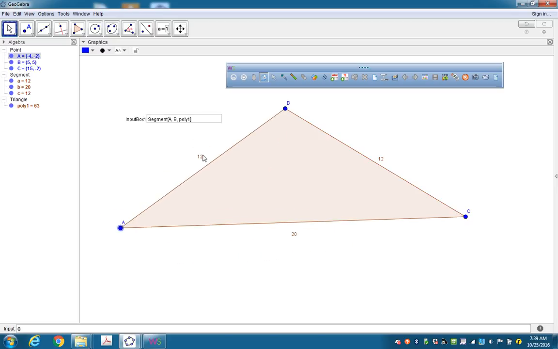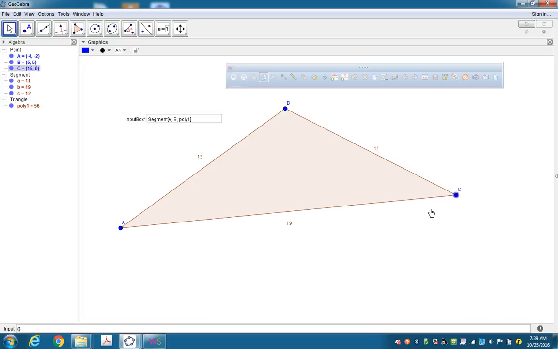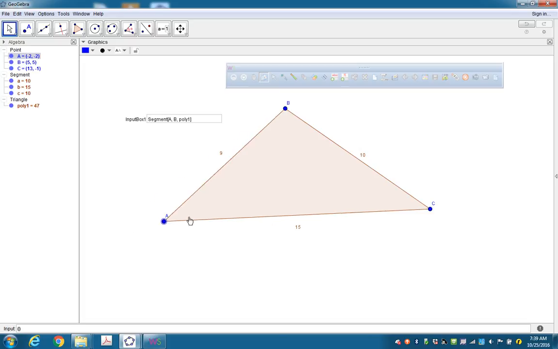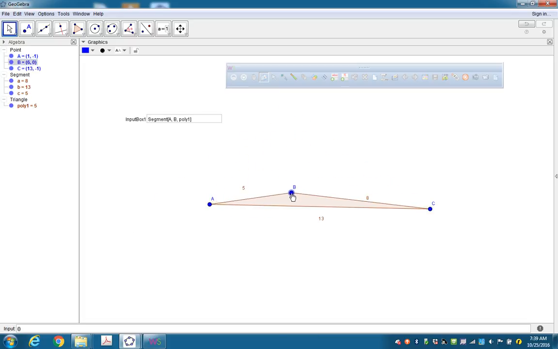But what's always got to be true about this side plus this side? If I stretch and drag this triangle as much as I want, what's always got to be true about the sum of AB plus BC?